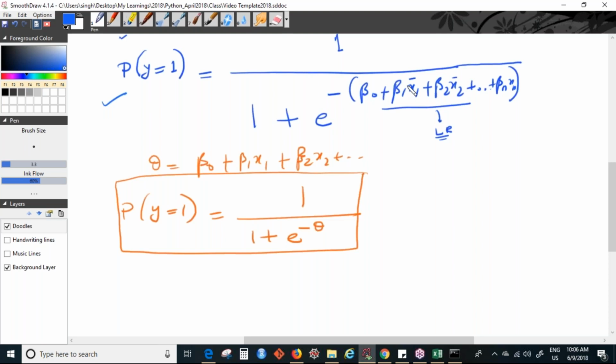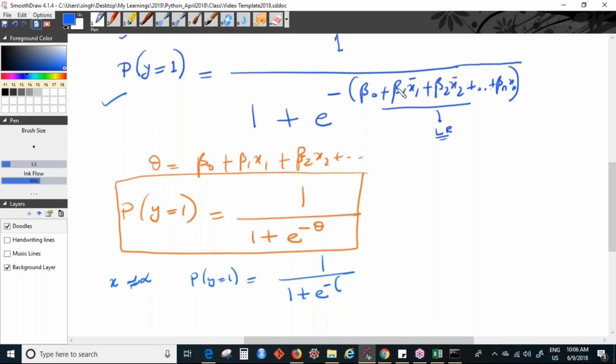To prove that, let us take extreme values of x. Let's say x is infinity, the most positive value x can take. What will be the probability of y is equal to 1? I will write 1 over 1 plus e to the power minus theta.